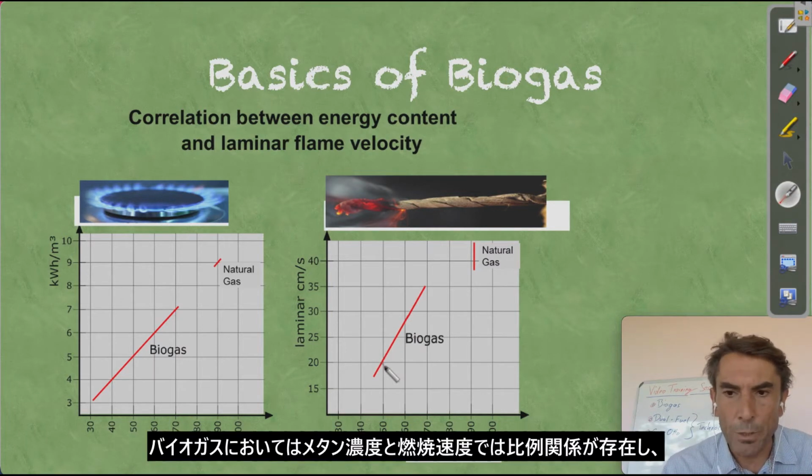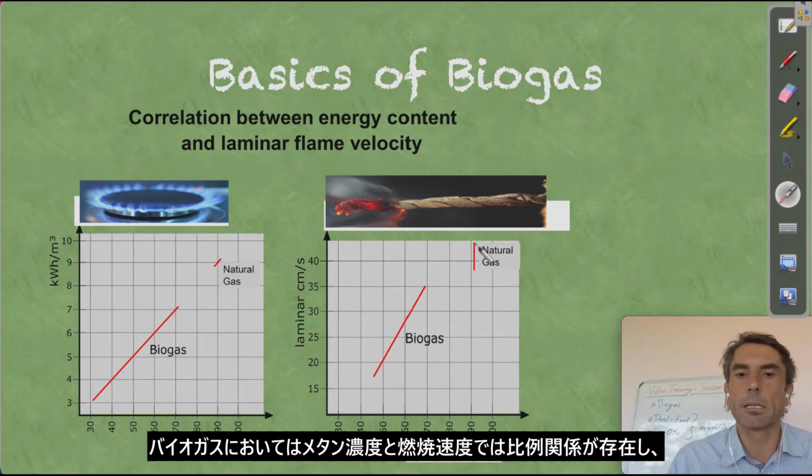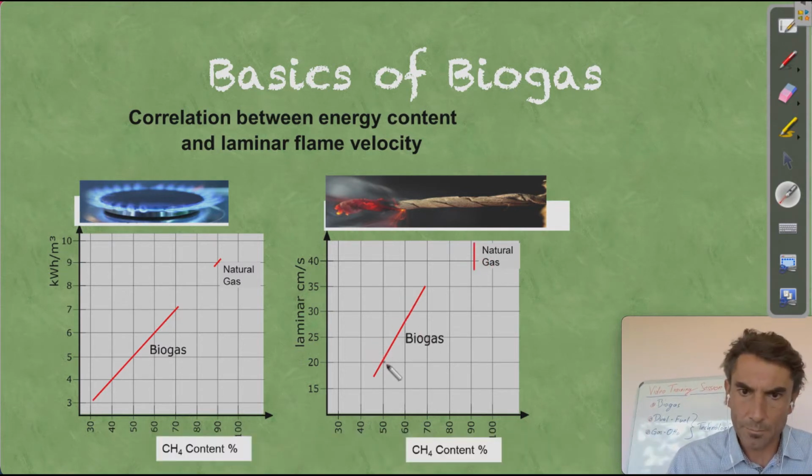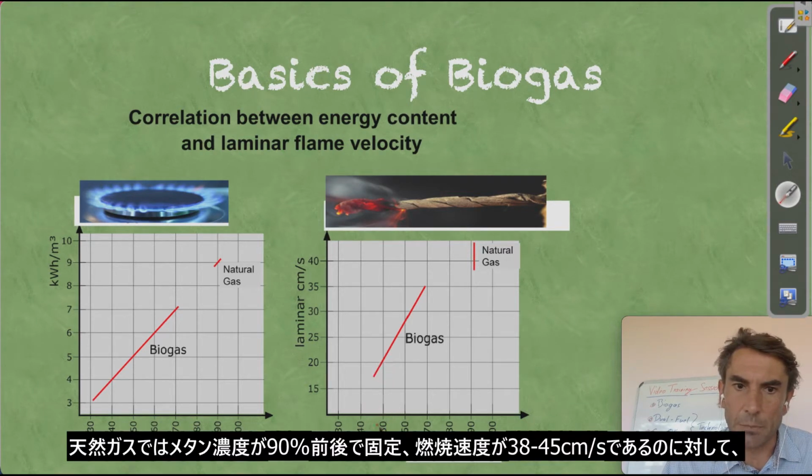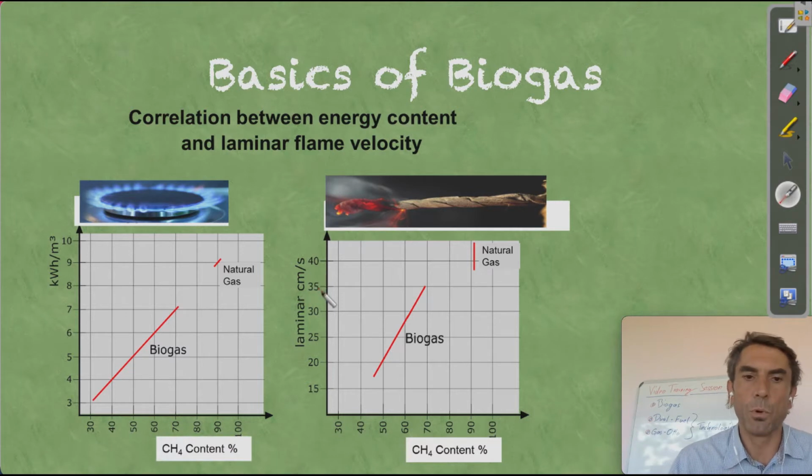We're burning the gas slower in biogas compared to natural gas. And that means if we have a higher CH4 content, our flame speed gets faster to burn the entire biogas in the combustion chamber.